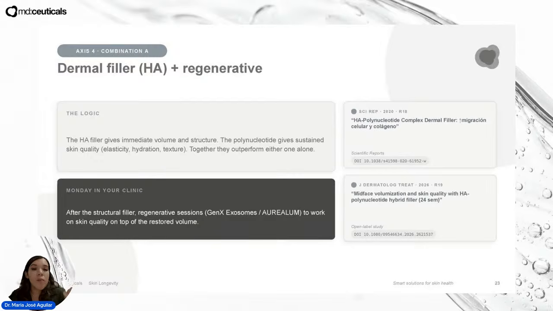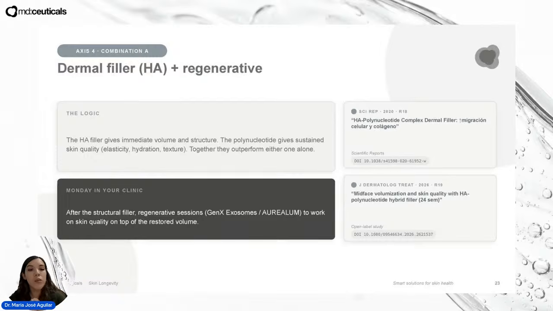What's going to be the best ideal treatment for a hyaluronic filler? The best ideal treatment in this case is the one that activates, like could be the exosomes, or like could be the PDRN, in this case with the ceuticals, the Aureole. This is the one that is going to give us the elasticity that the skin needs to recover from the hyaluronic filler, and also to restore this volume.